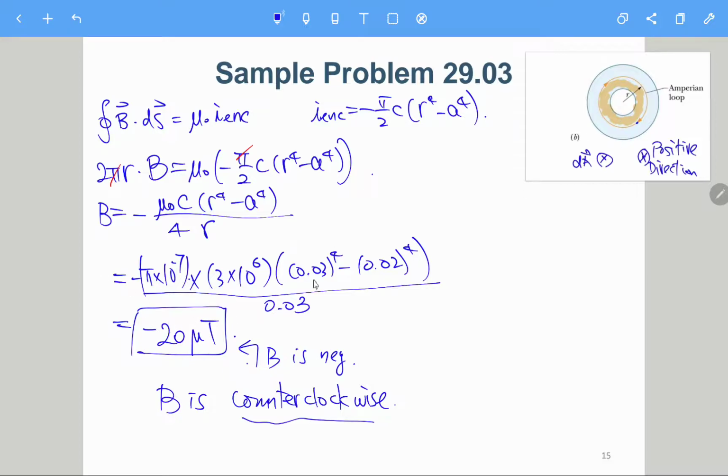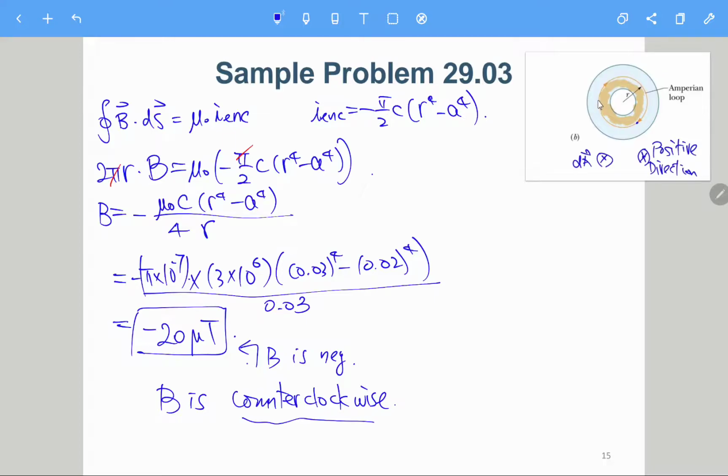If it is a positive number, then B is clockwise. If B is negative, then B is counterclockwise. And of course, this direction, which is the dA direction, and also the direction of the current, will also depend on this definition of the loop. So as long as you follow all the polarity, then you will get the correct answer.